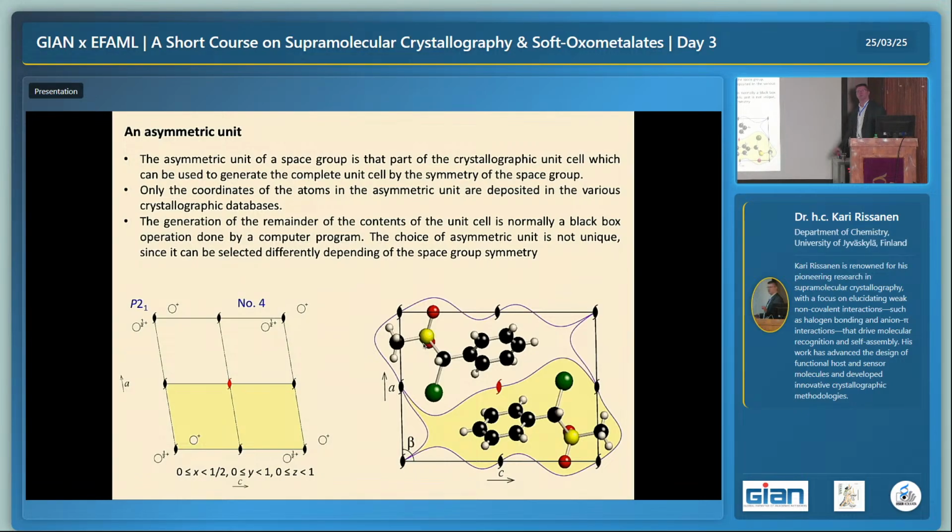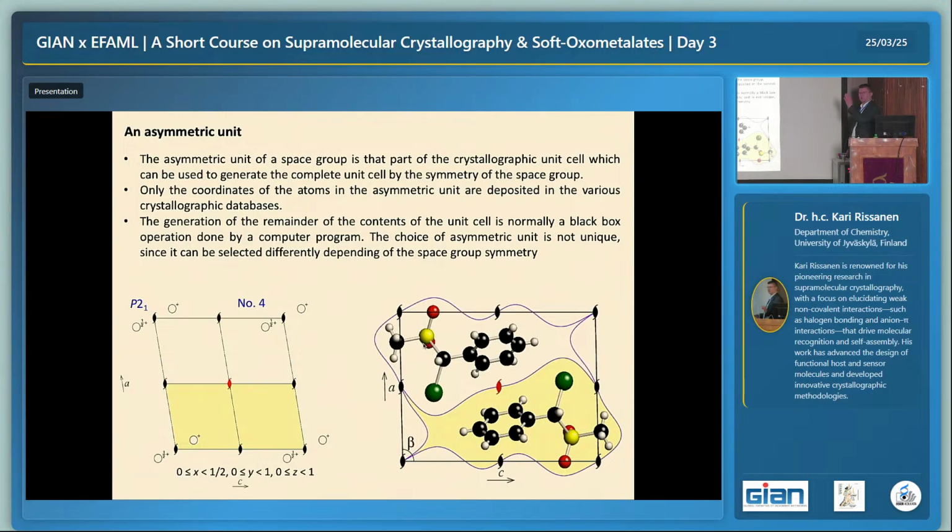And then the computer program knows the other one automatically. And sometimes this is really a point if you are using a computer visualizing program for the first time. They might show you both of them by default, or they might show you only the asymmetric unit.